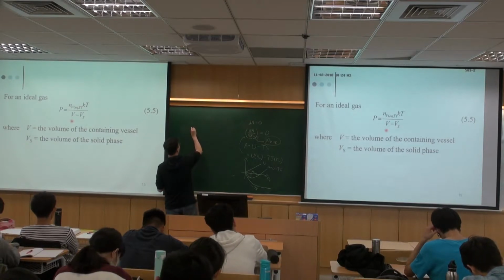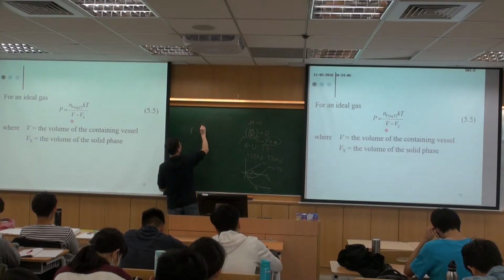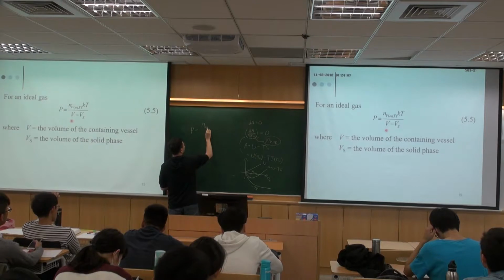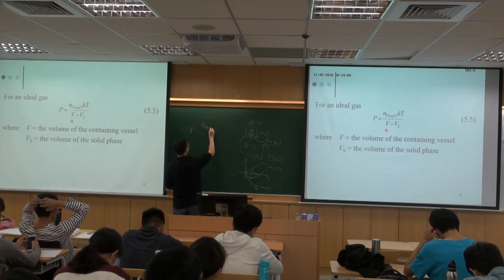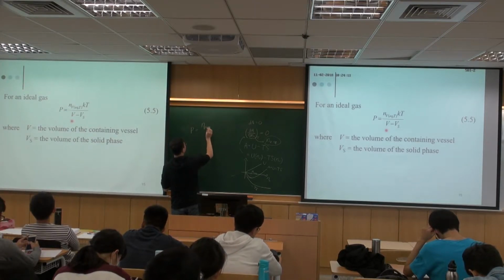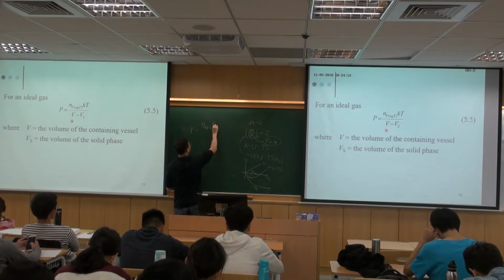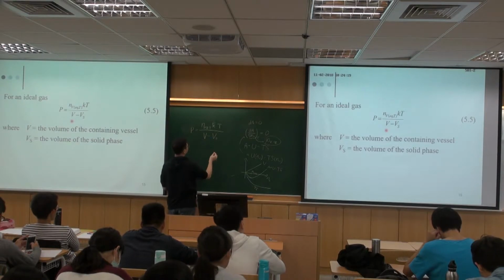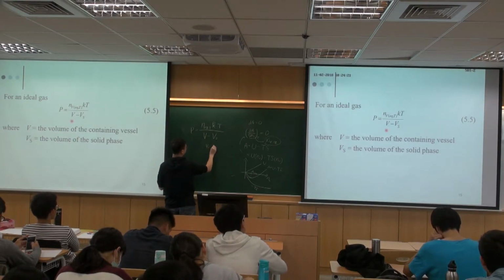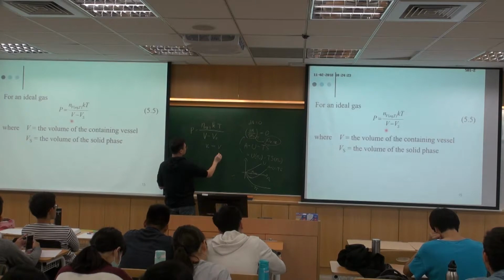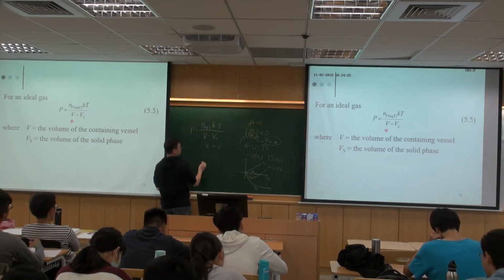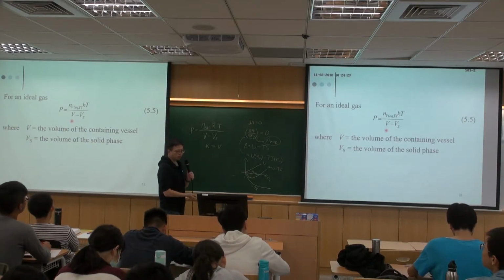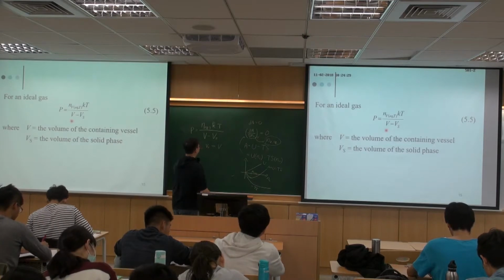Here we have P, let's say, T. This is the total volume. This is the solid phase volume. But Vs typically is much smaller than V, because for the solid phase, the volume is much smaller than the vapor phase.